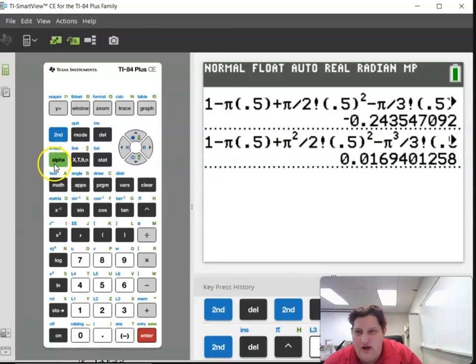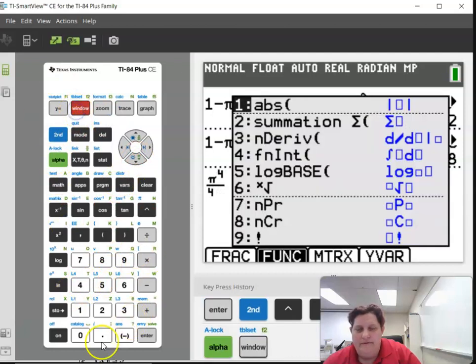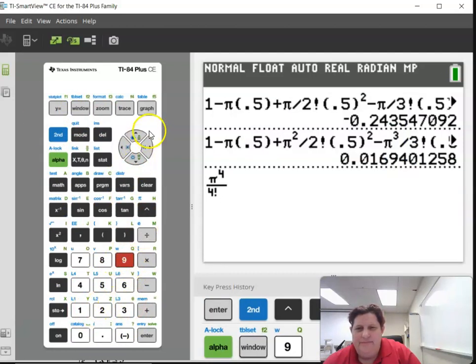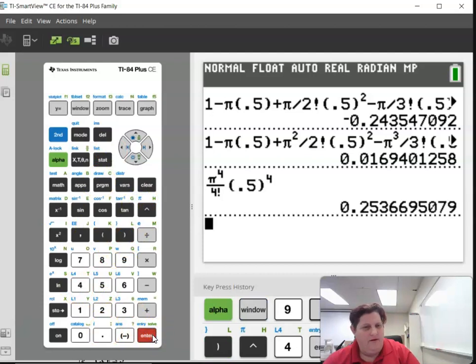And this is probably why I should use alpha fraction anyways. So pi to the fourth over 4 factorial, and then 0.5 to the fourth.